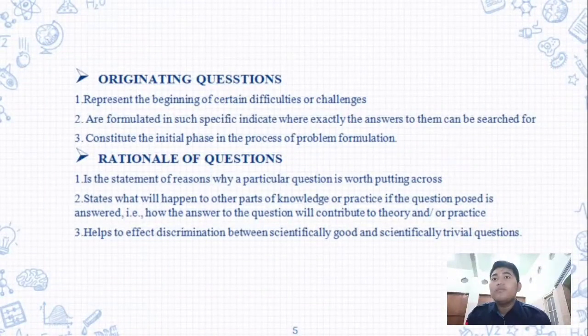Number three, they constitute the initial phase in the process of problem formulation. They may be formulated in terms of broader, delimited categories of social variables, but don't indicate specifically which particular variables in each class may be germane to the issues.